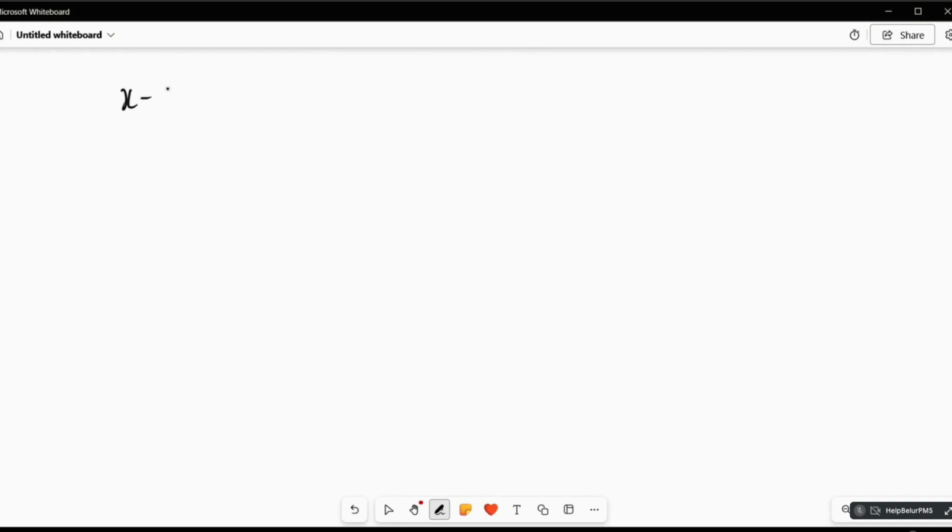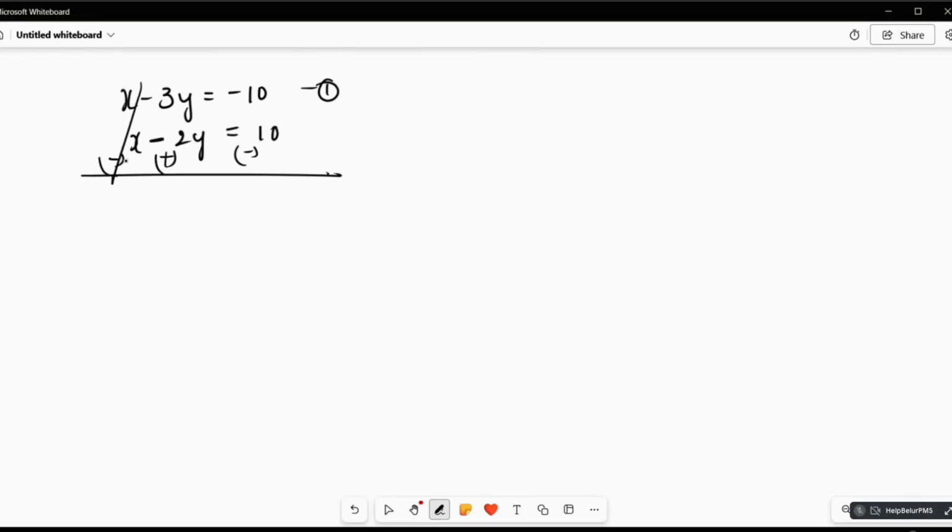So x minus 3y is equal to minus 10. Another equation, x minus 2y is equal to plus 10. Change the sign, because if you add together, it will be plus. So minus 3y plus 2y will be equal to minus y, that is minus 20, or y is equal to 20.